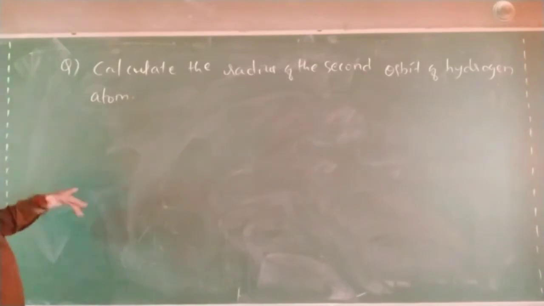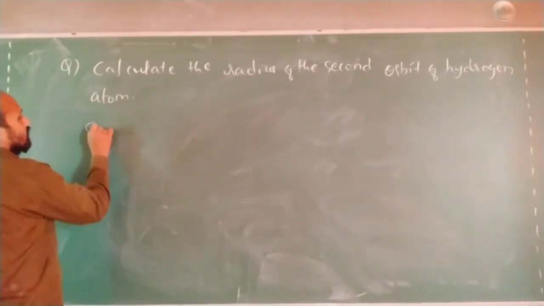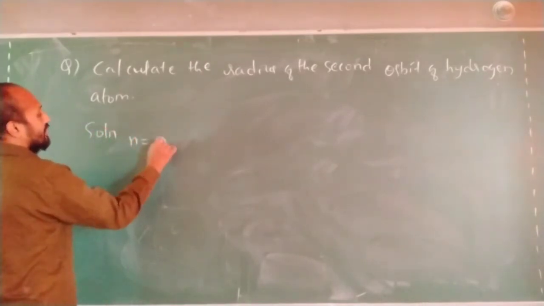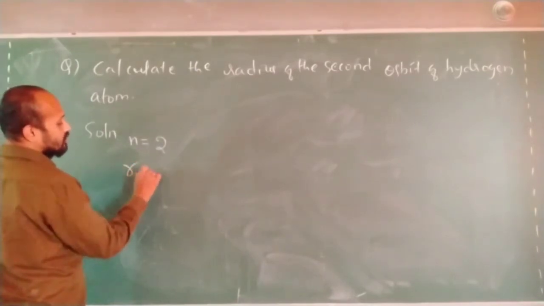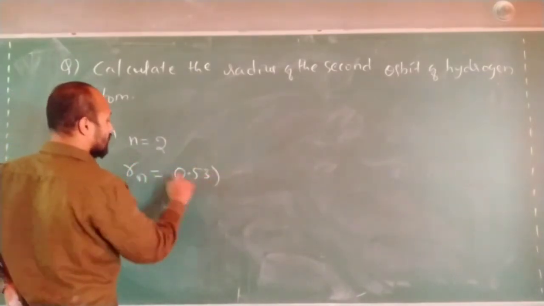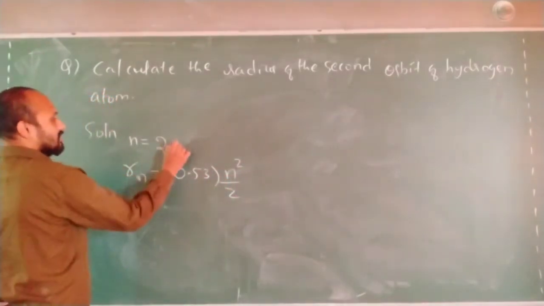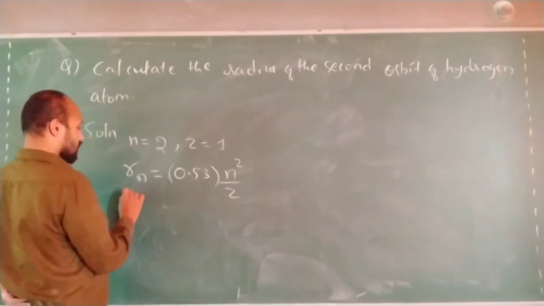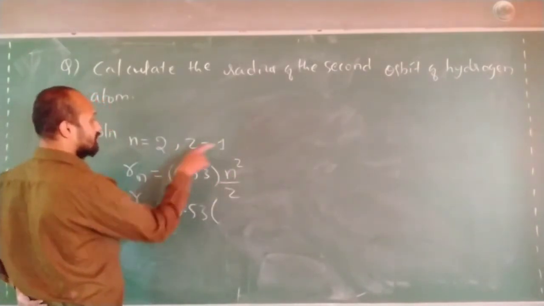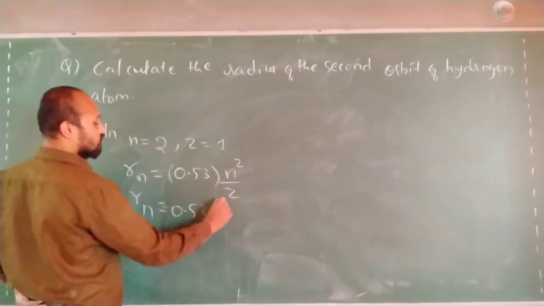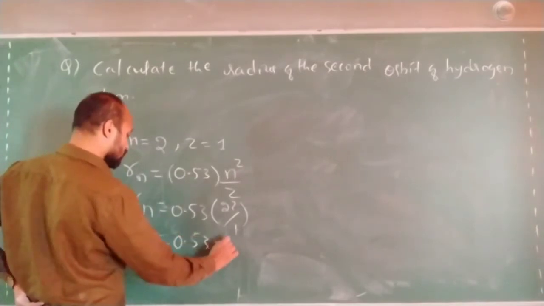Calculate the radius of the second orbit of a hydrogen atom. Solution: n is equal to 2, given second orbit. Rn is equal to the shortcut formula 0.53 into n square divided by Z. For hydrogen atom Z is equal to 1. So Rn becomes 0.53 into 2 square divided by 1, that is 0.53 into 4.